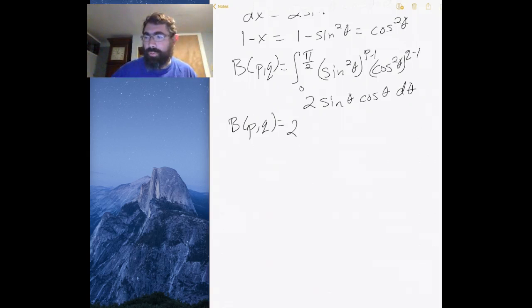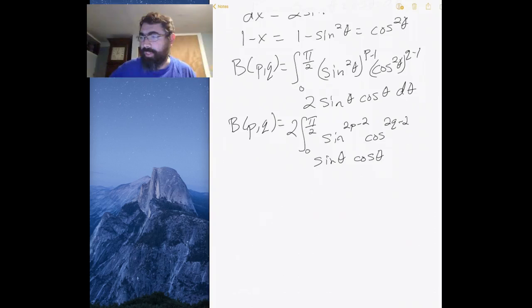So that's 2 times the integral from 0 to pi over 2. I could actually make this into sine to the 2p minus 2, cosine to the 2q minus 2, and then I'd have sine theta cosine theta d theta.